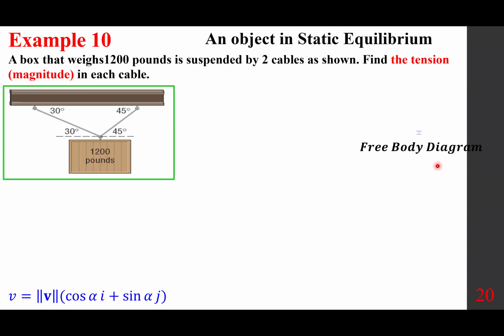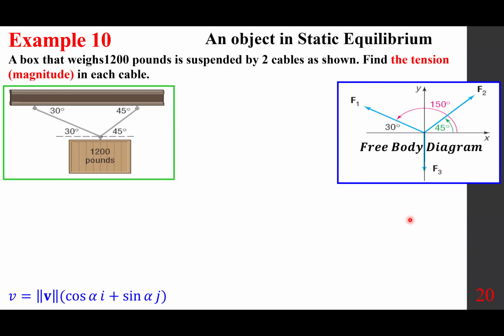The free body diagram looks like that, so you draw a rectangular coordinate system. In essence, here's the x-axis, there's the y-axis, F2. Let's call this F2. If this is 45 degrees, so is this one. Let's call this F sub 1. This is 30 degrees, so it makes this one 150 degrees. And F3, 1,200 pounds down.